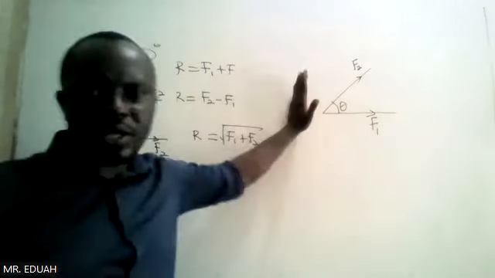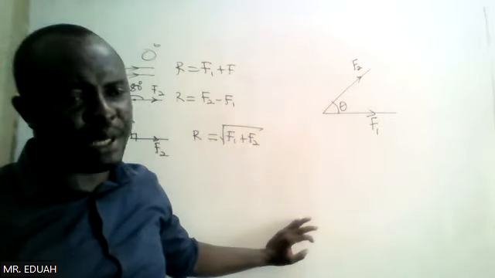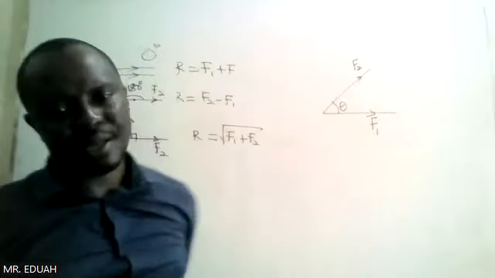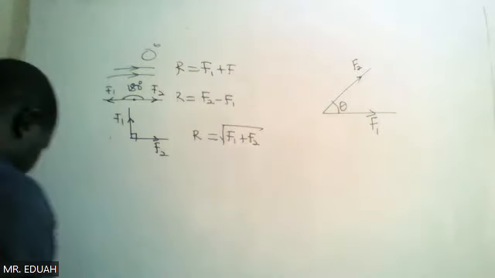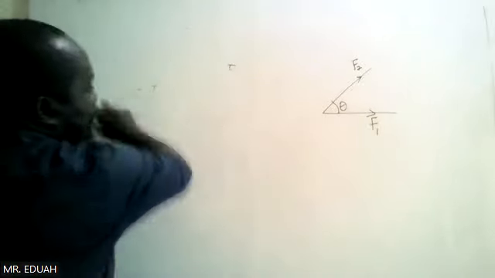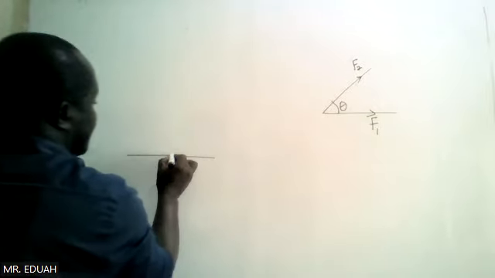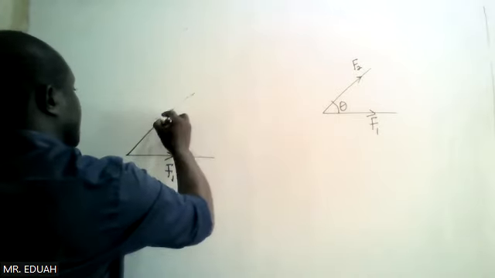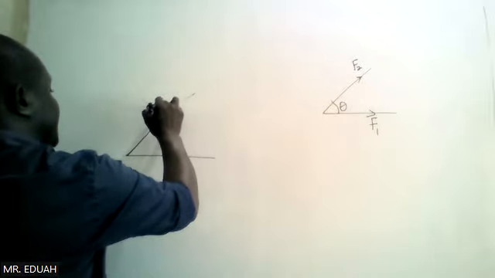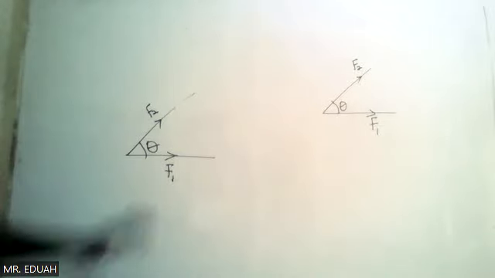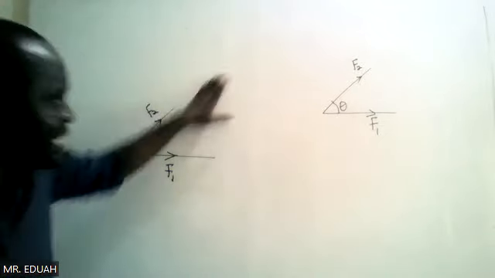So the two forces are moving along two planes, one along x and one within the xy. How do we determine the resultant in this case? All right. So we have to realign the directions. Because from what we see on the board, the directions do not follow a certain order.